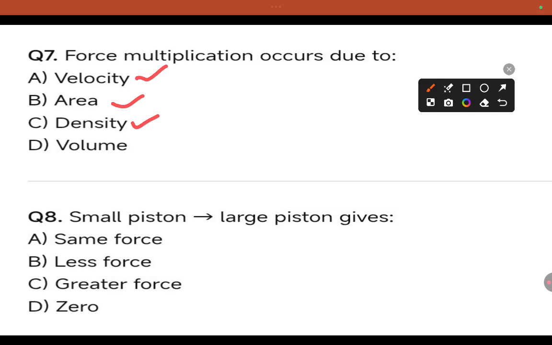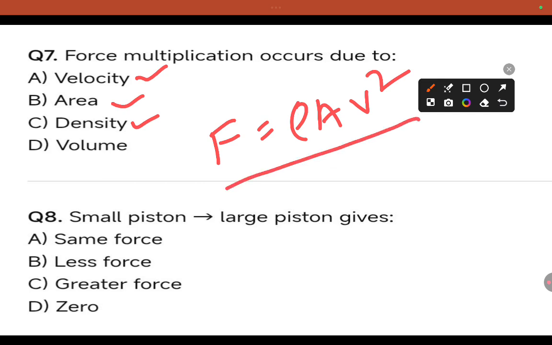So F equal to rho A v square. Velocity is a quadratic multiplier, area is a linear multiplier, density is a linear multiplier. So this is the condition, this is not the question. Occurs due to A, B, C.